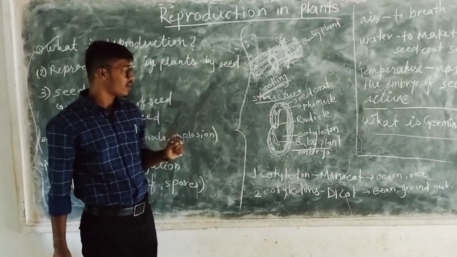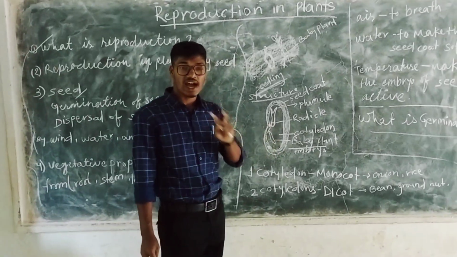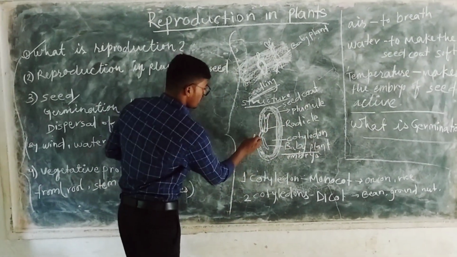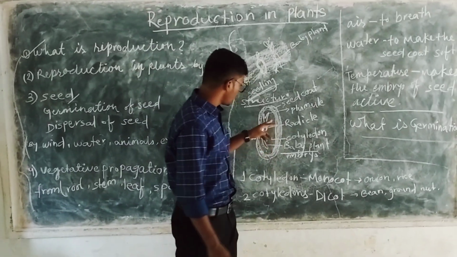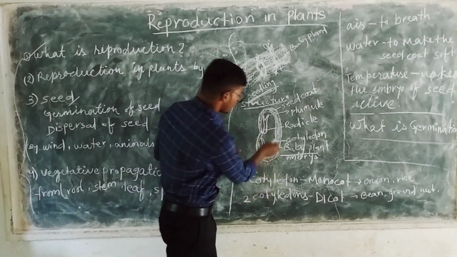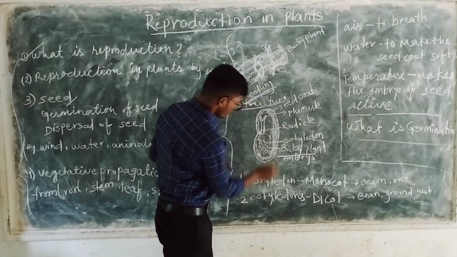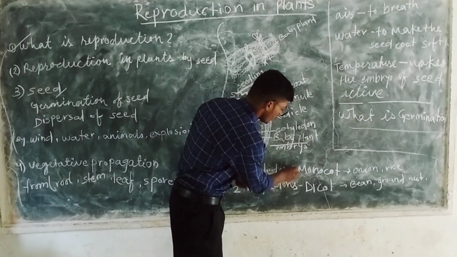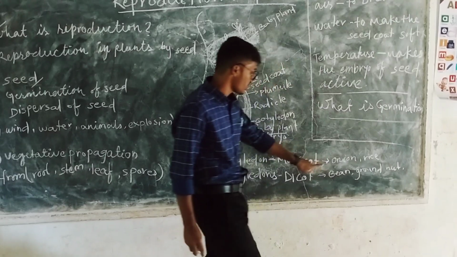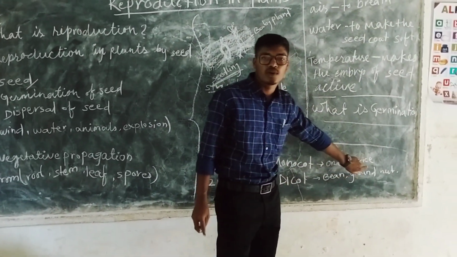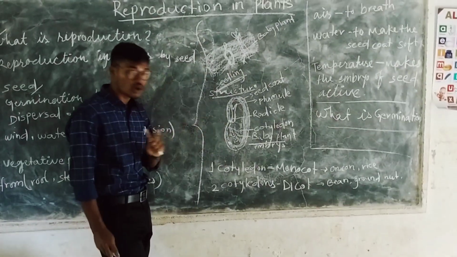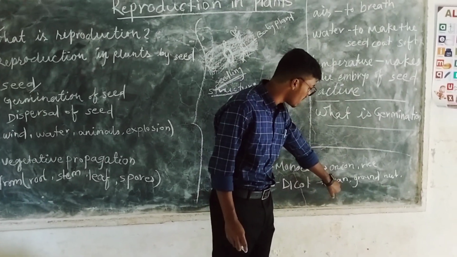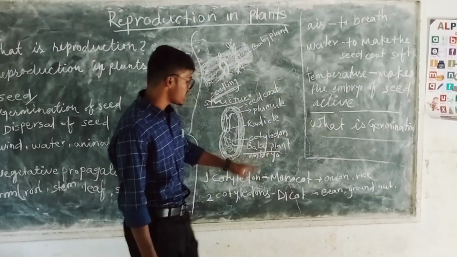Most of the time you will find that seeds have one or two cotyledons. When you break open the seed, you will see the cotyledon on both sides. Whenever you get one cotyledon, it is called a monocot plant, such as onion and rice. Whenever you get two cotyledons, it is called a dicot plant, such as bean and groundnut. You must have experience of them.